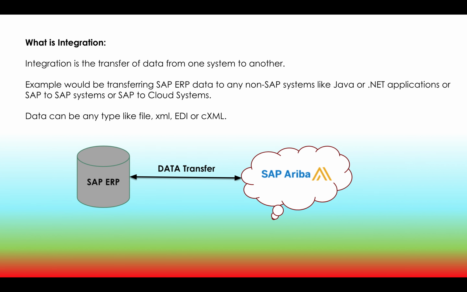Data can be any type, like a file transferred from one system to another. XML is one type of file format, EDI, cXML, it can be any type.